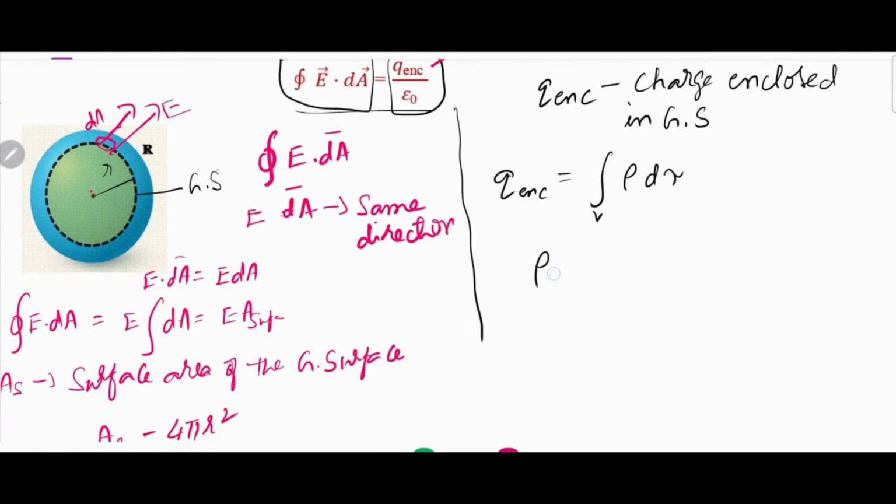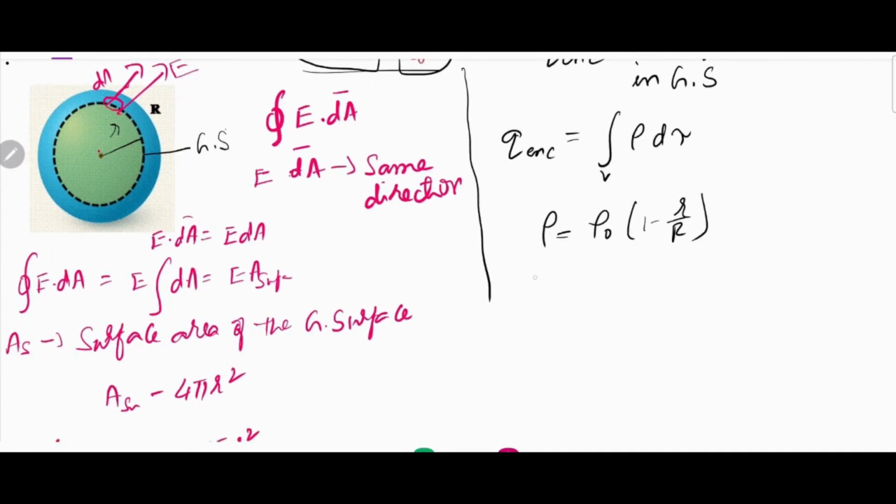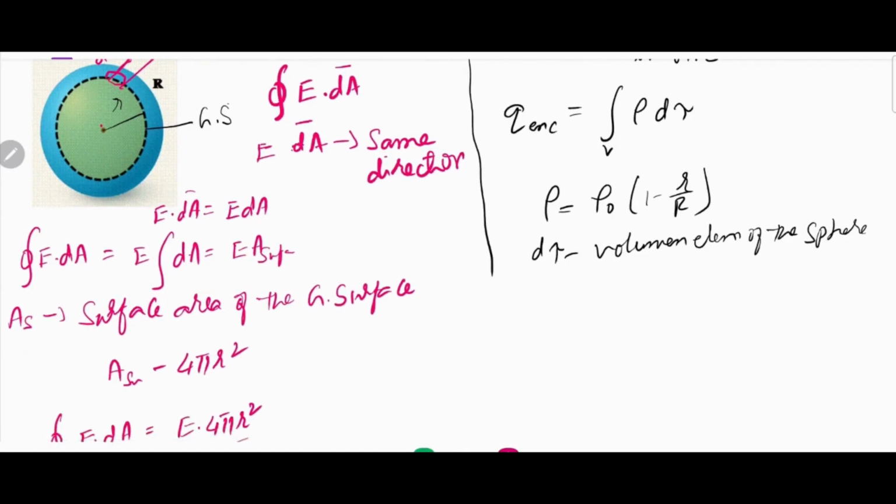So what is rho here? This is the given expression. In the given problem, rho is given as rho naught into (1 minus small r by capital R). And what is d tau here? It is the volume element of the sphere. d tau can be given as r square dr sin theta d theta d phi.